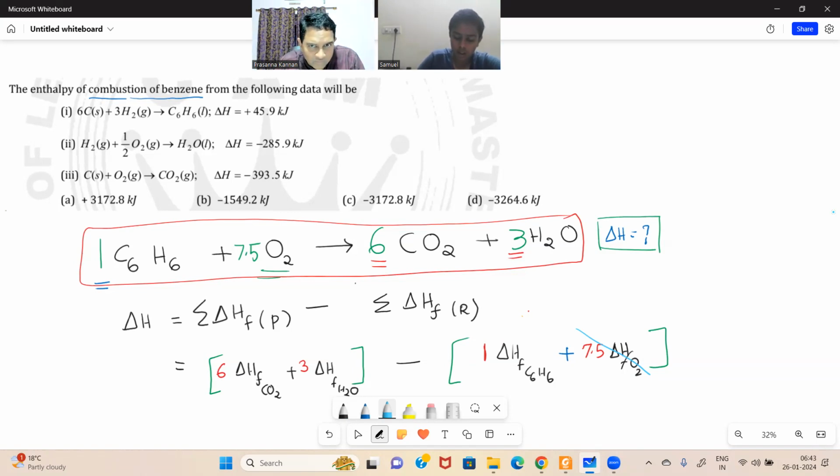Slowly. Enthalpy of formation of any substance in its naturally occurring state is 0. Very good. Is it clear now? Good. Enthalpy of formation of any substance in its naturally occurring state is 0. So enthalpy of formation of oxygen will be 0, right.